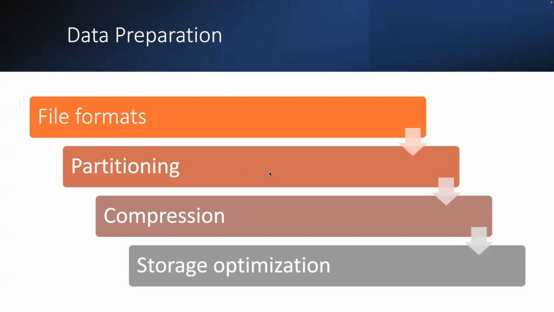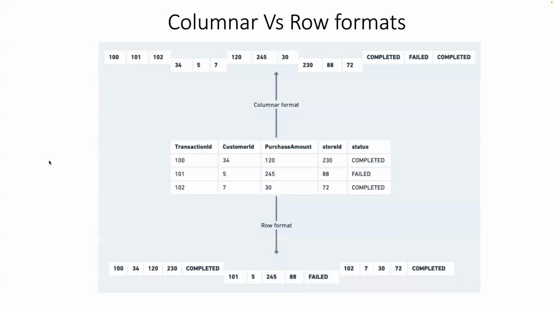So I mentioned file formats, and I just wanted to quickly talk about the columnar and row formats. In the center, we have a logical view of a table. If we go to the bottom, which is the row format, this is how the table gets stored in a row level format, right?